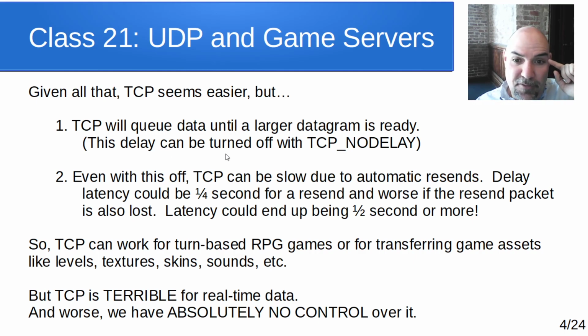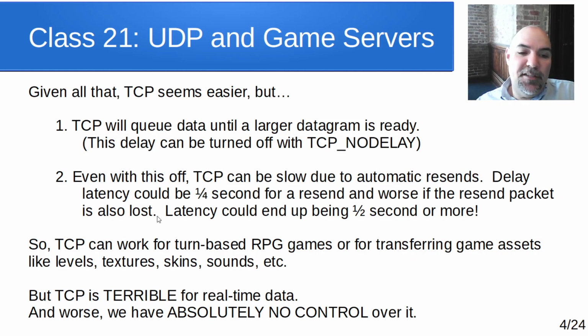Now, you can turn off that behavior with this TCP_NODELAY flag, where you basically tell it, hey, anytime I give you data, send it immediately. But even with that off, TCP can slow due to automatic resends, where it sent a datagram, did not get an acknowledgement, so it resends it again. And that delay latency could be a quarter second for a resend, and worse, if the resend packet is also lost, it would resend again.